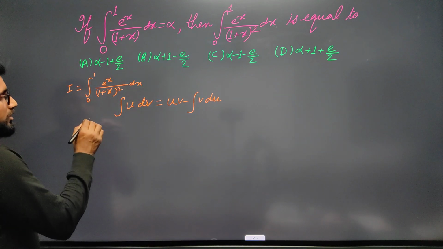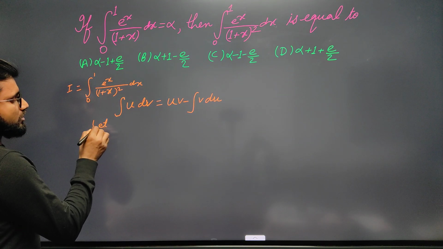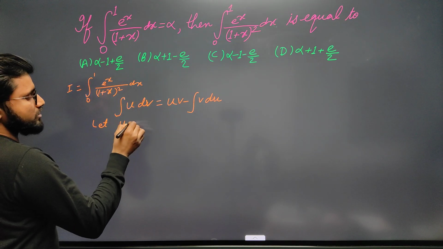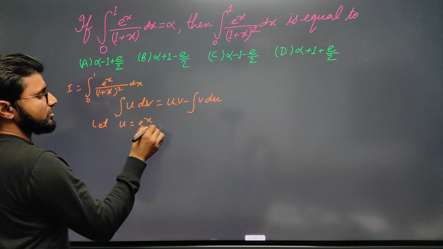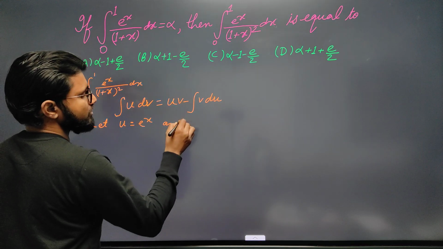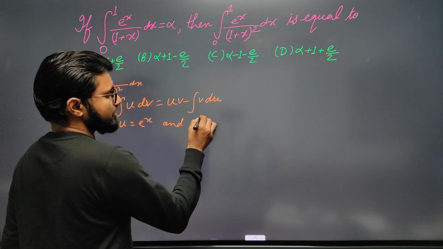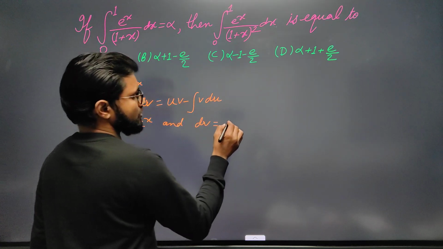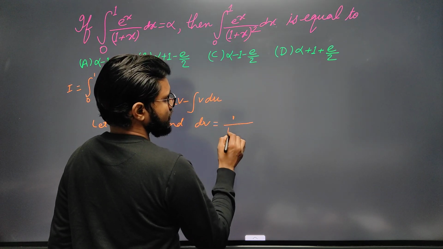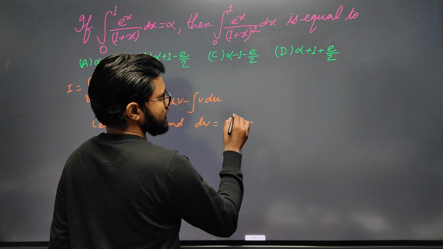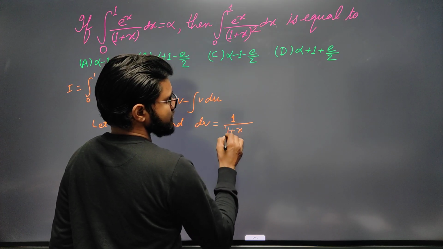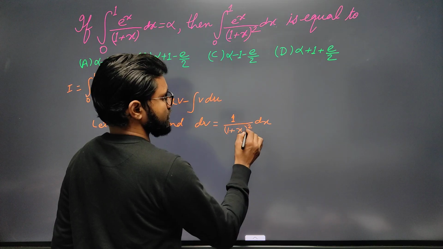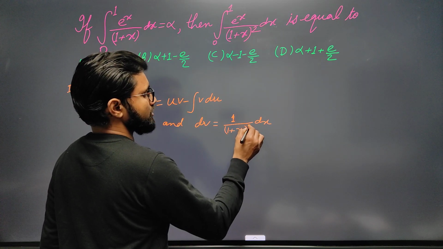So from here, let's suppose u equals e to the power x and dv equals 1 upon (1 plus x) whole square dx.